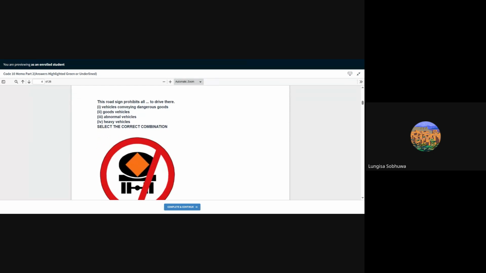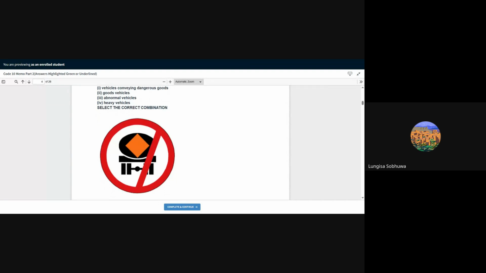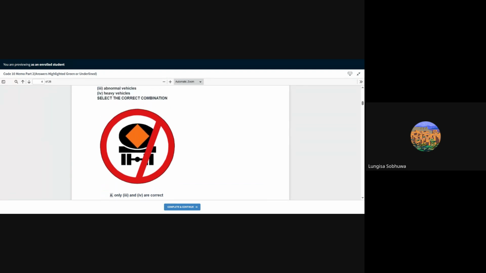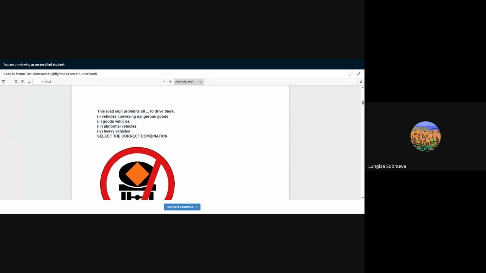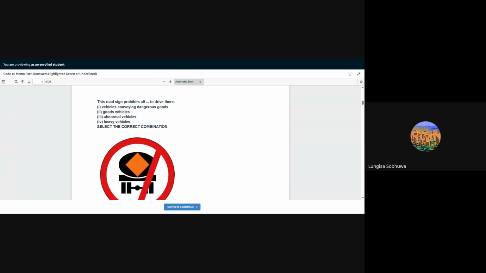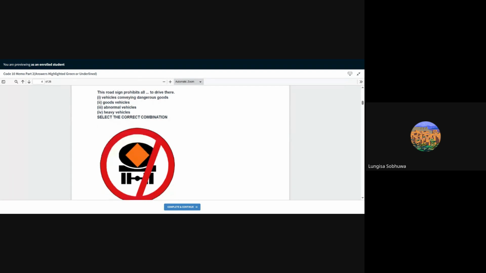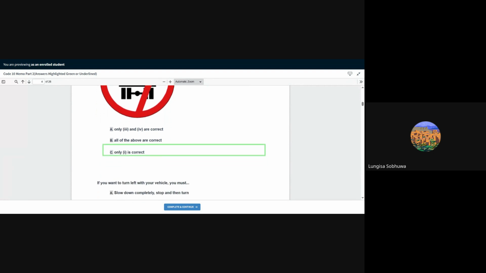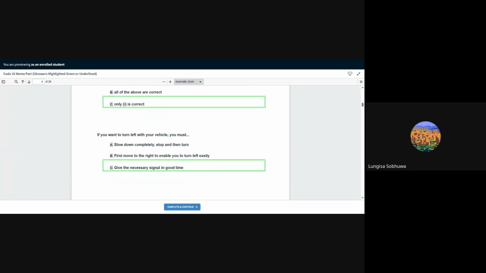Let's select the right combination. This is the sign, and the correct one is C, which is number 1, vehicles conveying dangerous goods. So this prohibits vehicles carrying dangerous goods from driving on the indicated road.